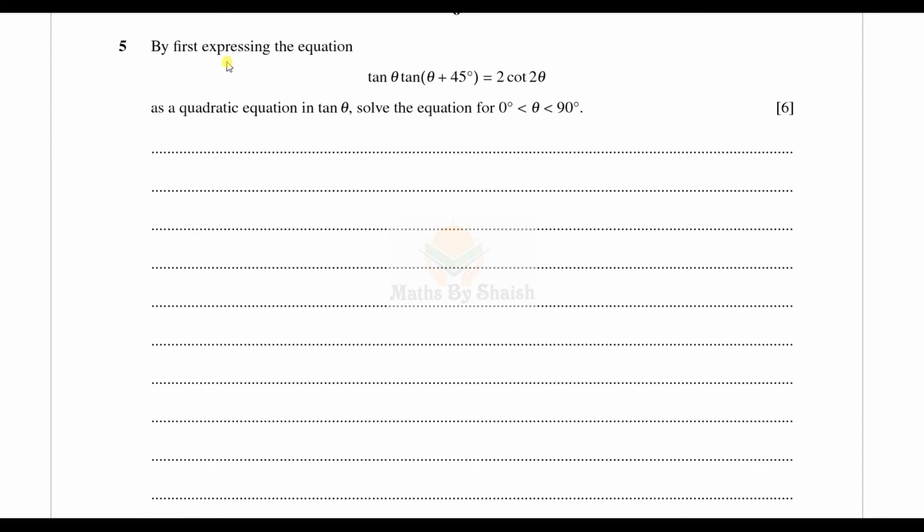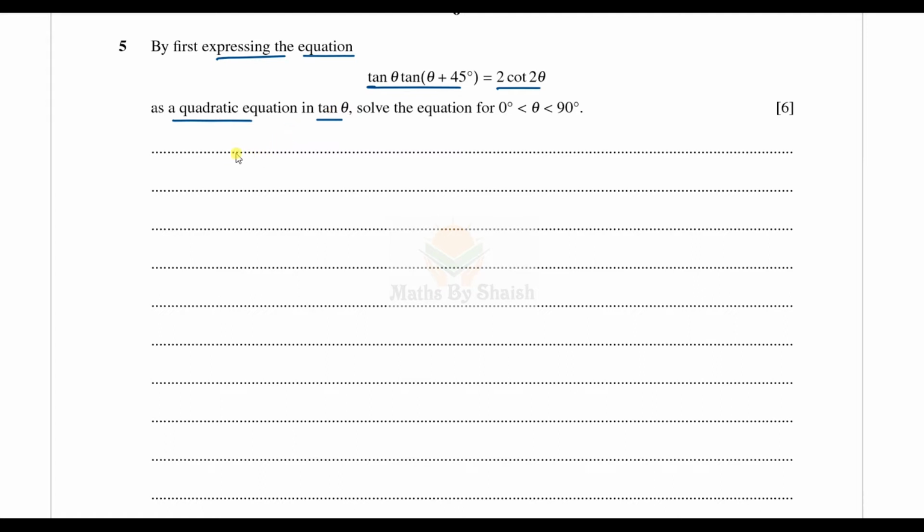Here's question number 5. By first expressing the equation as a quadratic equation in tan theta, solve the equation between 0 and 90 degrees. Before that, we can see it is theta plus 45, so we'll use the expansion of tan(A plus B).